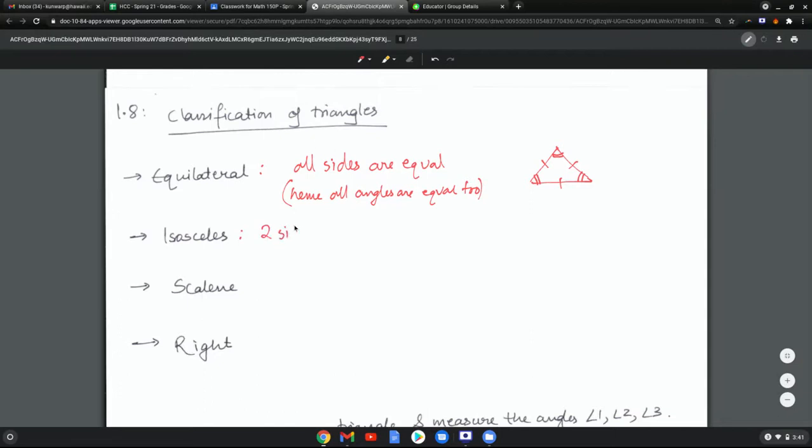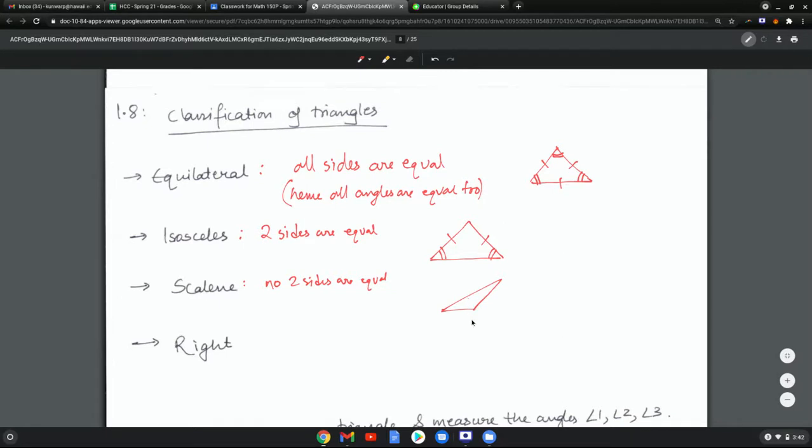Isosceles, two sides are equal. So let's say these two sides are equal, and as a result of that, these two angles are also equal. Scalene, no two sides are equal. So a triangle like that.